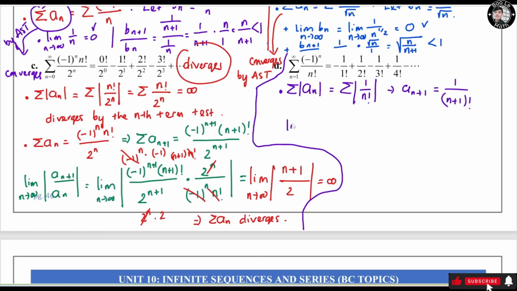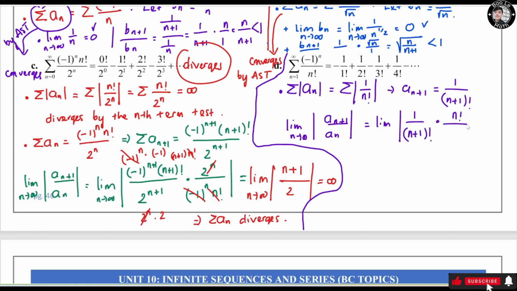So we have the limit of the absolute value of a sub n plus 1 over a sub n when n approaches infinity, which equals the limit of the absolute value of 1 over n plus 1 factorial multiplied by this reciprocal.